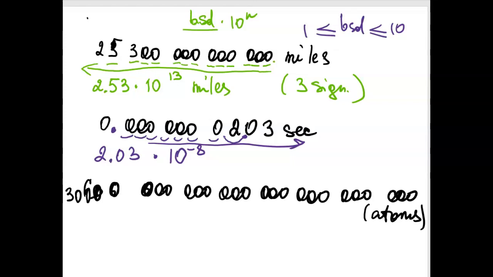Okay? So the next one, let's say rows. The decimal point is not shown here, so we know it is at the end. And we are moving it to the left. And you know, when you move to the left, you will need 10 to the power of something positive here, right?